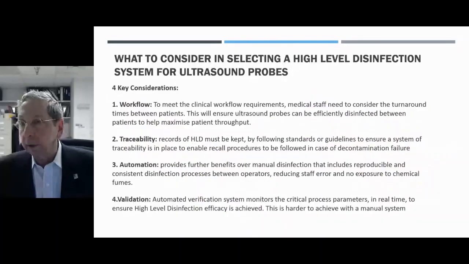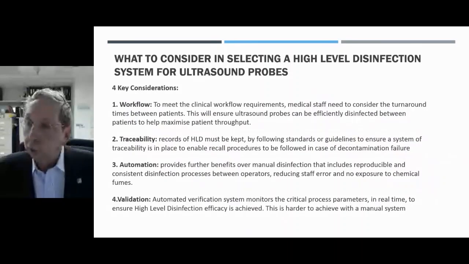What to consider in selecting a high-level disinfectant: 4 considerations. Workflow: you obviously need to consider what's best for your staff and most efficient, that allows you to rapidly disinfect a probe between patients, so you maximize patient throughput. Traceability: you certainly would like to have records kept so that you know that each probe was properly disinfected, ideally a paper trail.